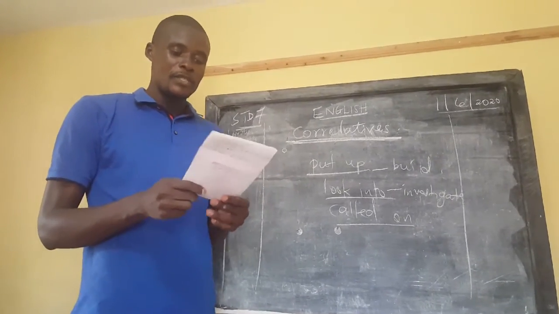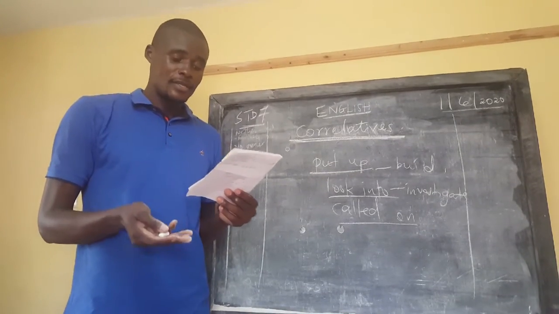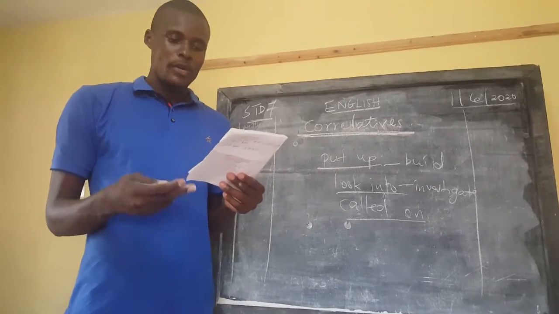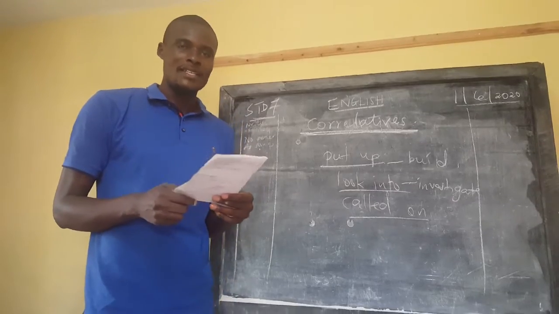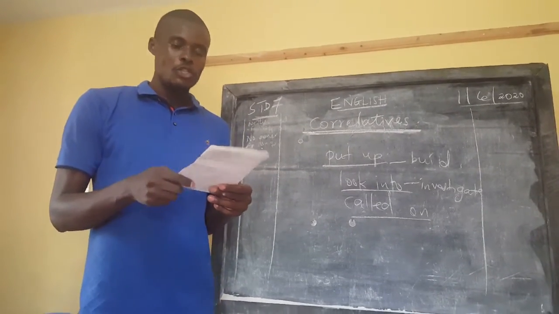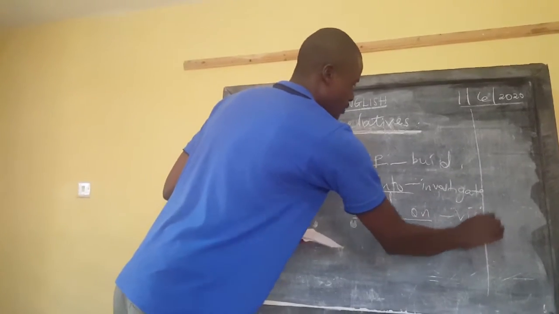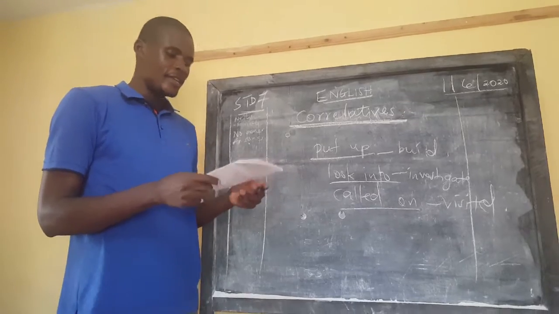A, telephone: I telephoned my aunt. B, I talked to my aunt. C, I communicated with my aunt, or D, I visited my aunt. Learner, just as we mentioned in our last lesson, to call on is to visit, is to pay a visit. The answer is visited. I visited my aunt yesterday in the evening.